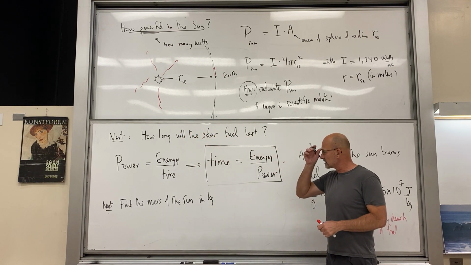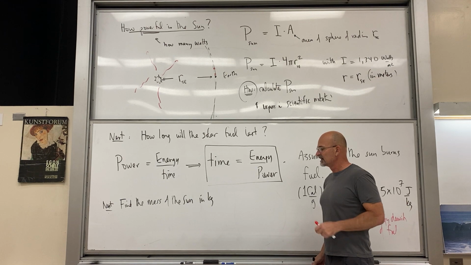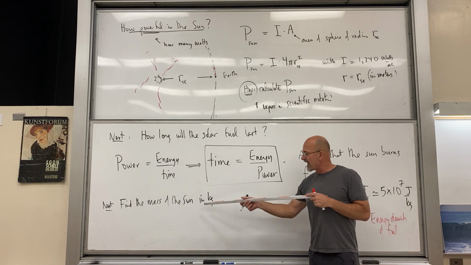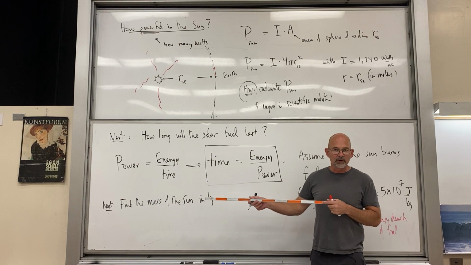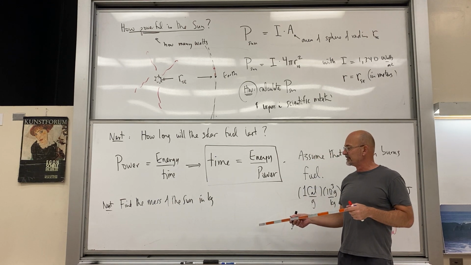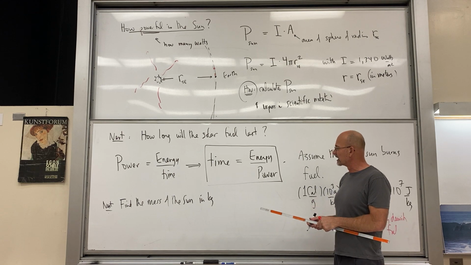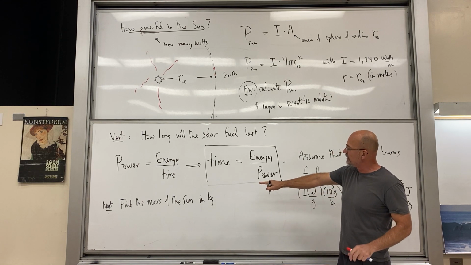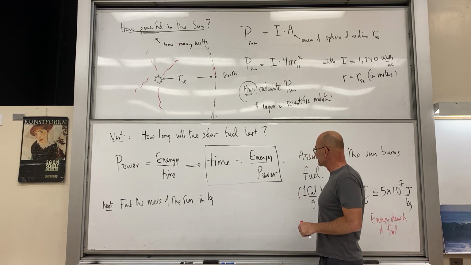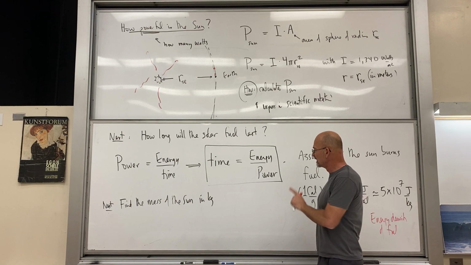You can look in a book, look it up online. This is the one thing that I haven't really been able to prove to you, because we can't do everything in physics, although we're trying to do everything. I'll tell you a little bit about the mass of the sun in kilograms in a moment.